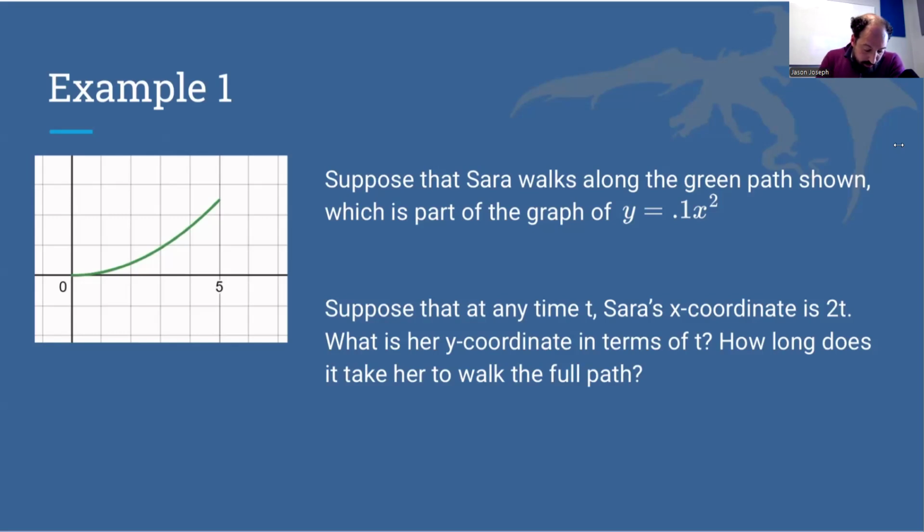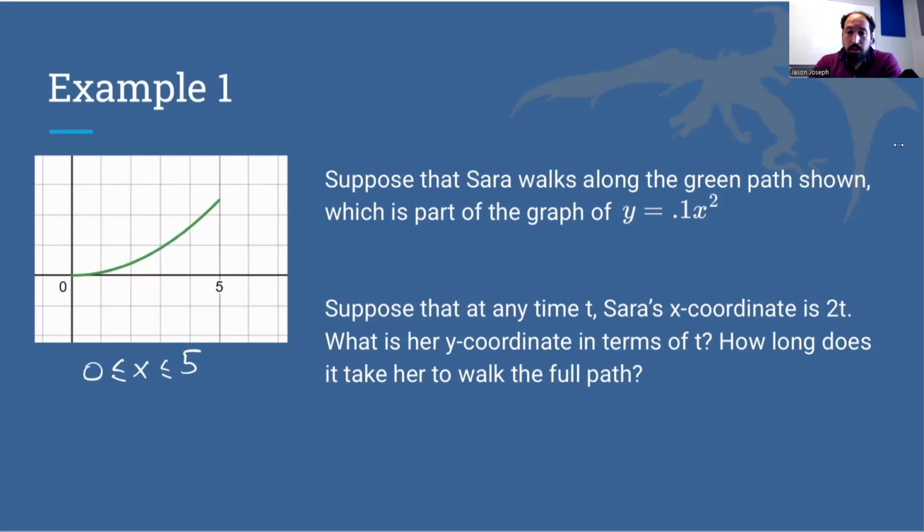The path drawn here looks like it has x's going between 0 and 5. That is not time, right? Time is t. So that's just x coordinates.